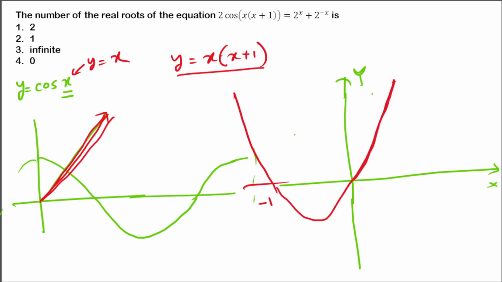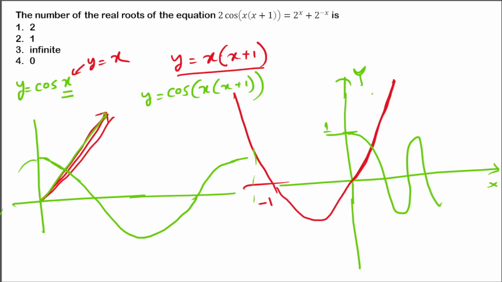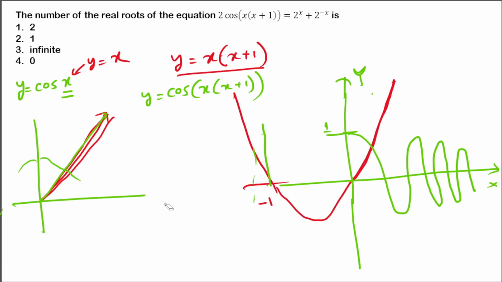So this graph, y equals to cos of x into x plus 1, will also follow a similar pattern, but it will accelerate much faster. So this is again 1. It is like this, something like this you can assume. And after the minus 1 point, on this side also, I am deleting this graph here.